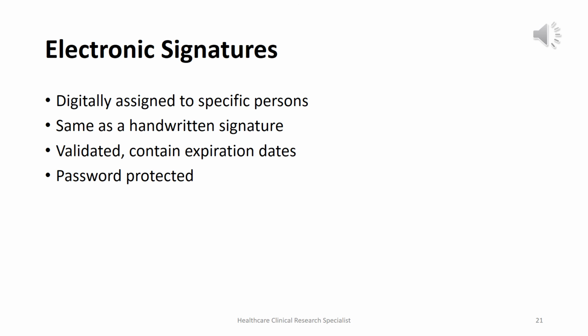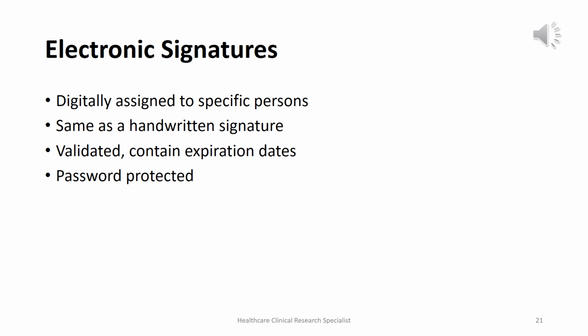So a couple of characteristics: they have to be digitally assigned to specific persons. Most of the ones that you'll see will have the person's name on it, and what looks like a handwritten signature, a little graphic on there. And then, as I said before, it's considered the same as a handwritten signature and has the same legal authority.